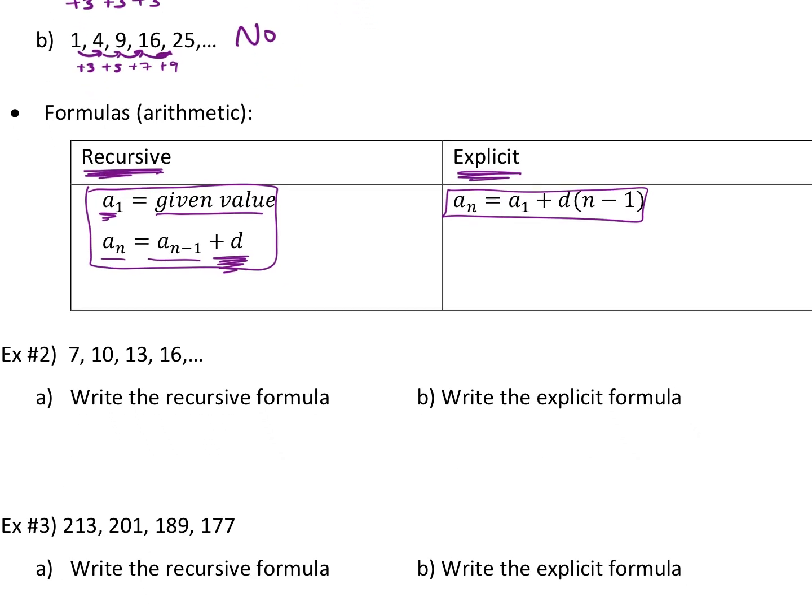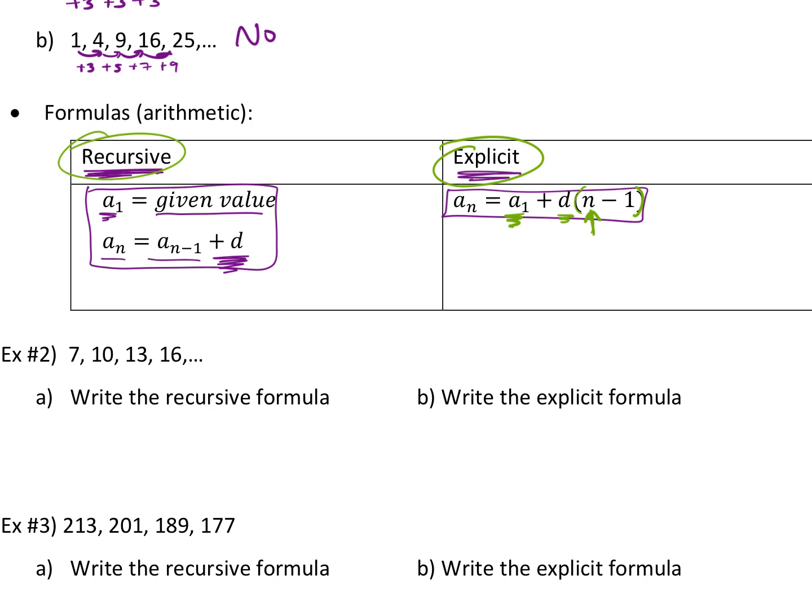It takes your first term plus your common difference times the term number minus 1. If I'm looking for the second term, I'd plug a 2 in here. If I'm looking for the fifth term, I'd plug a 5 in here. Like I said, don't spend time memorizing them. Just know when to use them. Know that this is the explicit formula and this is the recursive formula, and then you'll be all good.